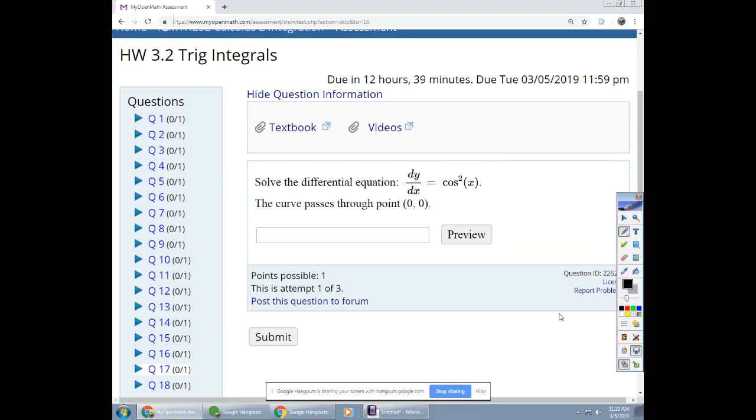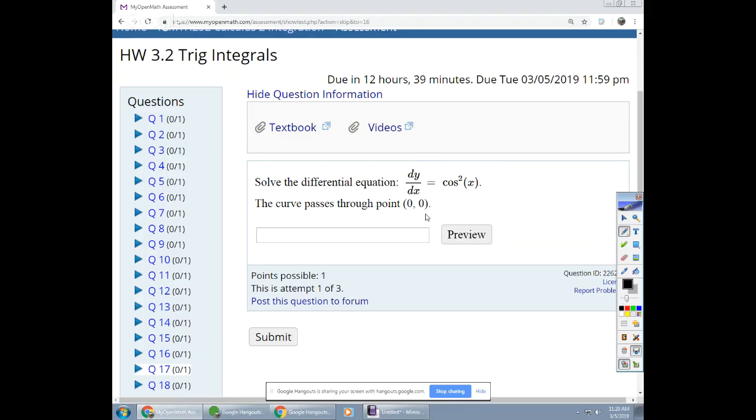So this one right here is basically an application of the fundamental theorem of calculus. To undo a derivative, we integrate. So we would just integrate both sides of this, and then I can figure out what C is, because they gave me when X is 0, Y is also 0, so I can calculate what C is in this case.